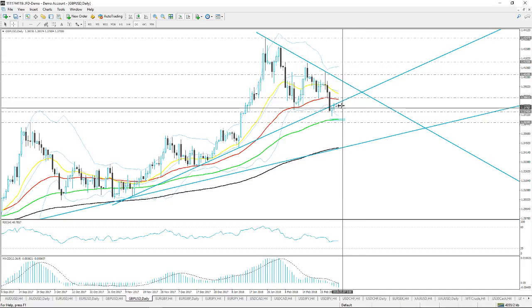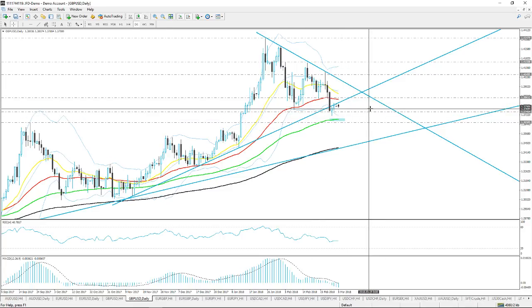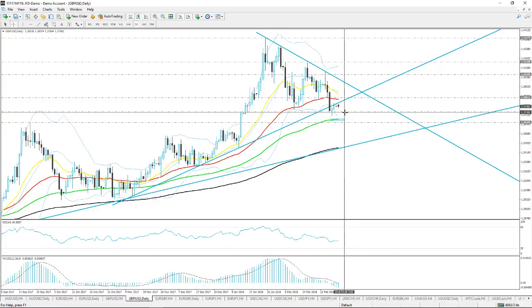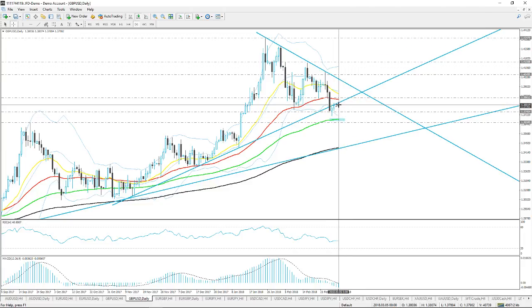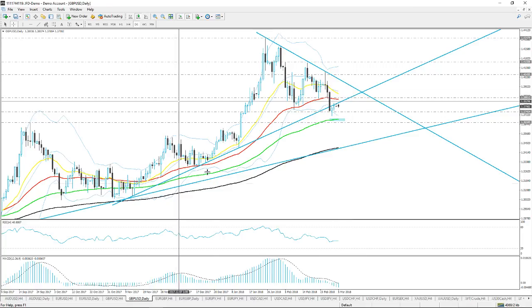So like I said, watch out for this one, guys. I recommend not doing anything yet. Wait for the 137,450 area on the downside, or on the upside, a move above this little trend line here.